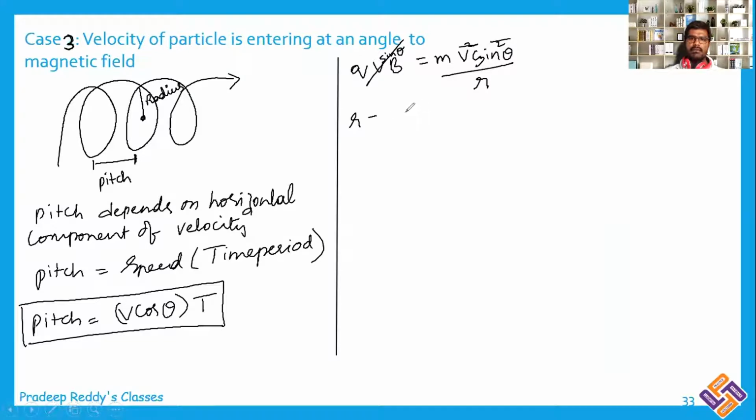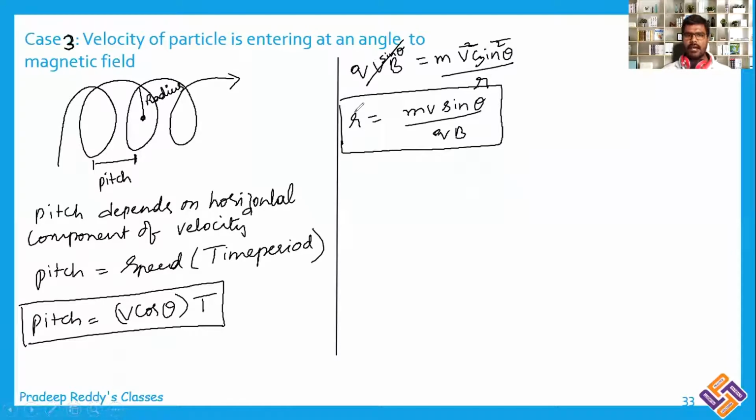R is equal to M V sin theta divided by Q into B. This is the equation for R. R is the radius of the helical path.